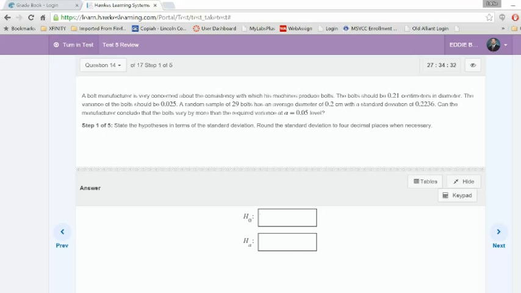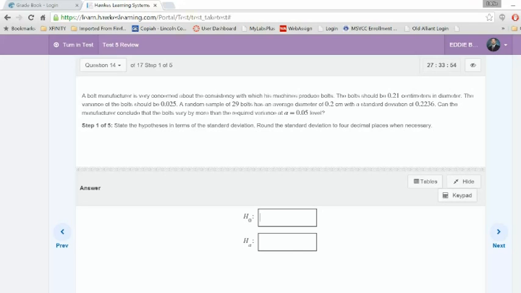Okay. So I believe this problem comes from 12.2. So maybe read up a little bit on 12.2 in your textbook or your ebook. It says the bolt manufacturer is concerned about the consistency with which his machines produce bolts. The bolt should be 0.21 centimeters in diameter. That's probably imported from somewhere. The variance of the bolts should be 0.025.